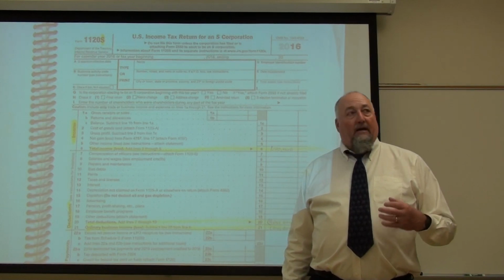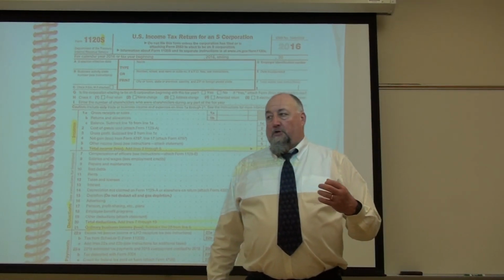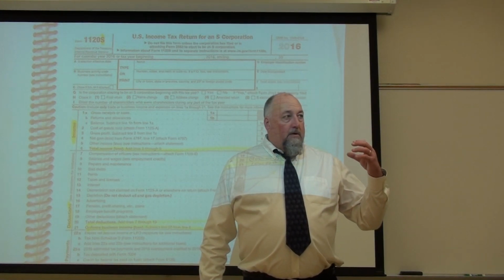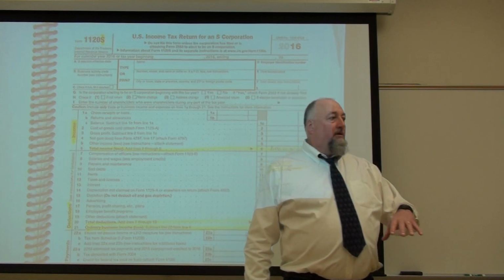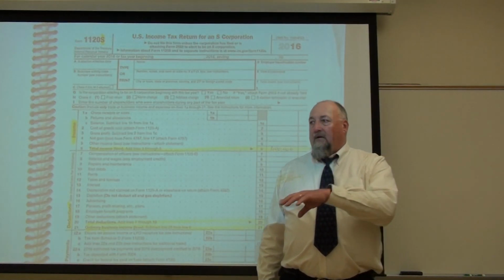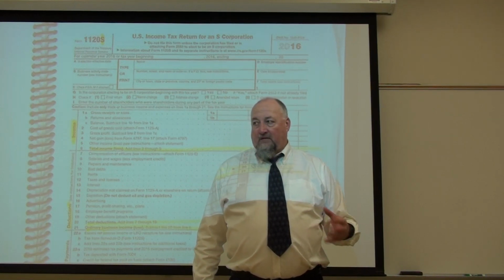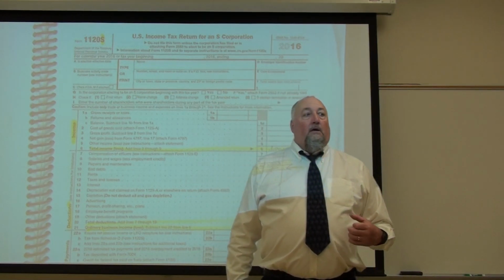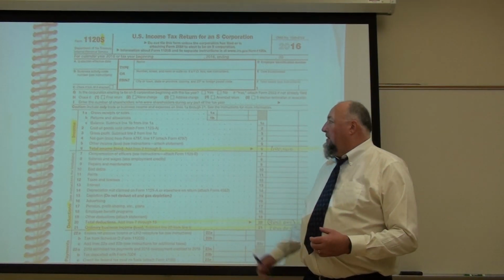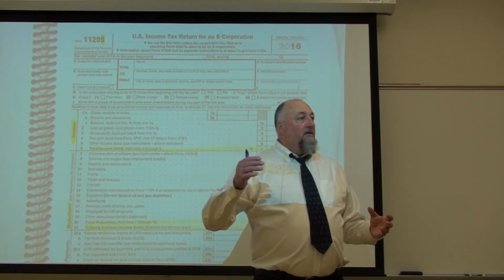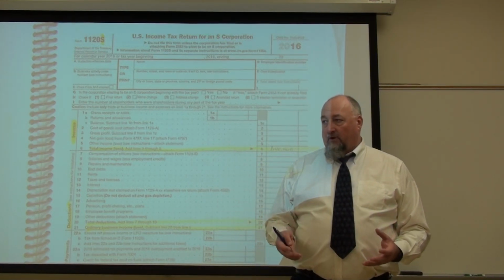That means that the net income is reported, and then the income passes down to the owners, and it will be divided among them based upon their percentage of ownership in the corporation, based on the number of shares. And then each individual owner will be responsible for paying tax on that income. They'll have to report that on their 1040 form.